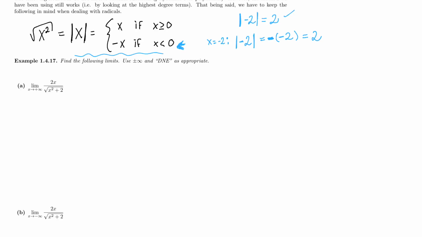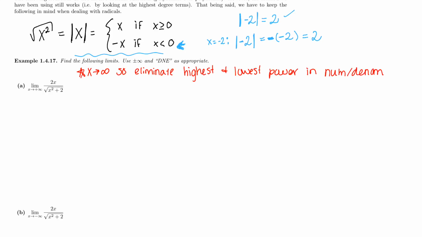So we can still do the trick where we eliminate everything but the highest power in the numerator and denominator, numerator over denominator. So I have this 2x, I have this x squared.